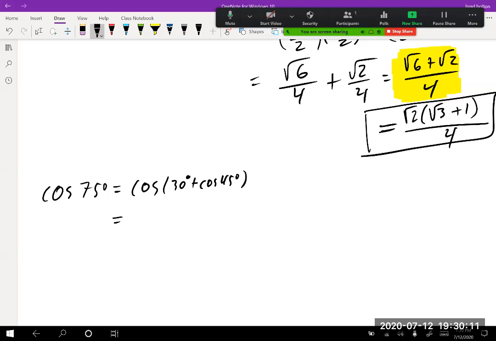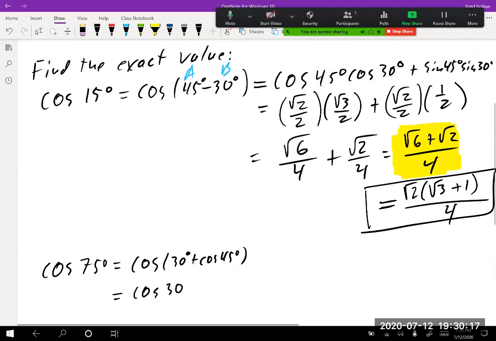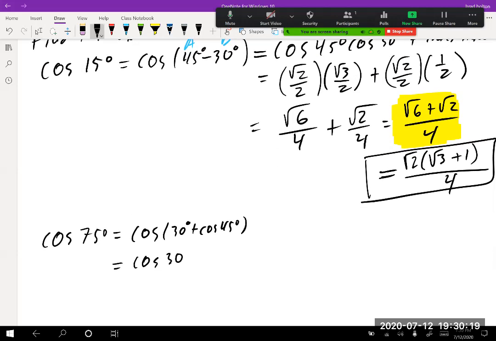That is really the cosine of 30, cosine of 45, plus sine of 30, sine of 45 degrees.